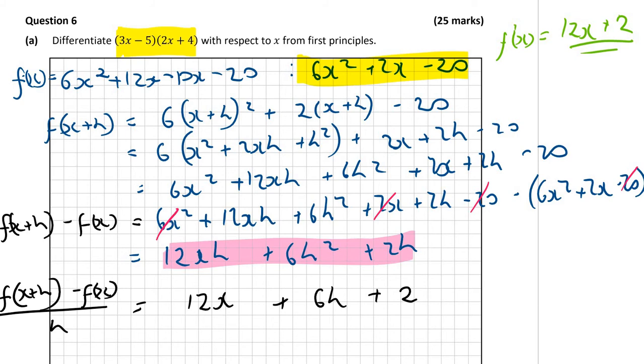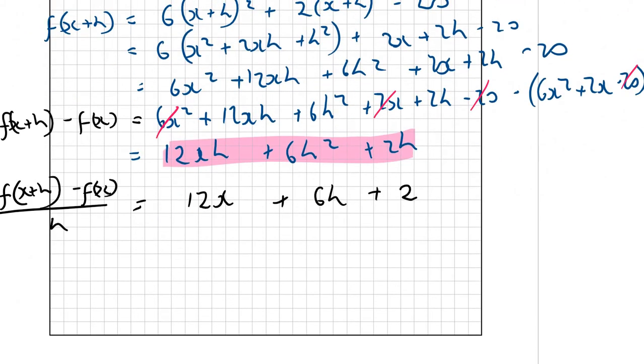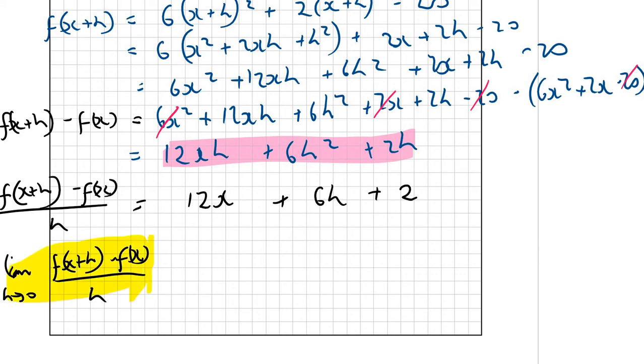And the last thing we need to do then is find the limit as that goes to 0. So the limit as h goes to 0 of f of x plus h minus f of x all over h. If you want to know what all this means, have a look at the video on calculus by first principles on RMC Study.